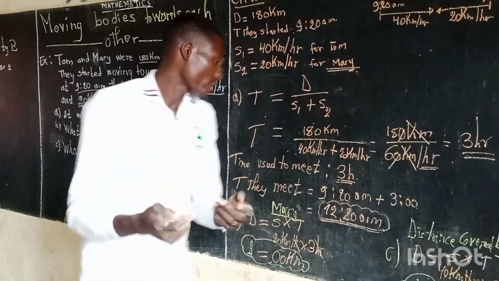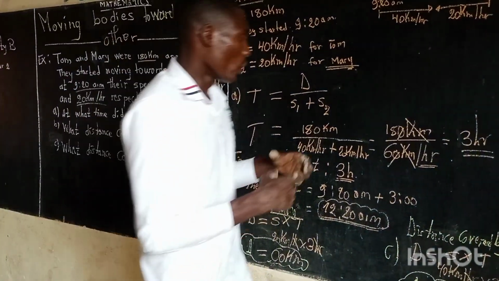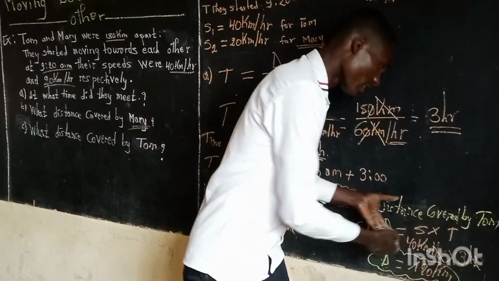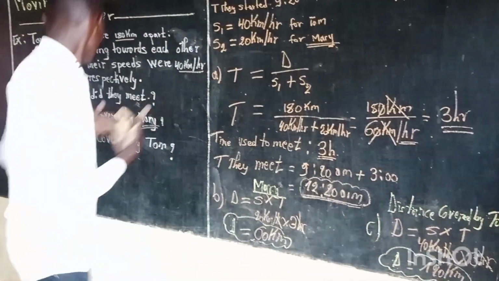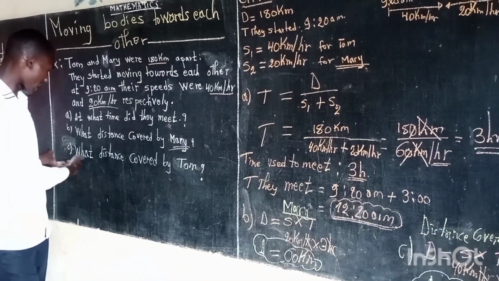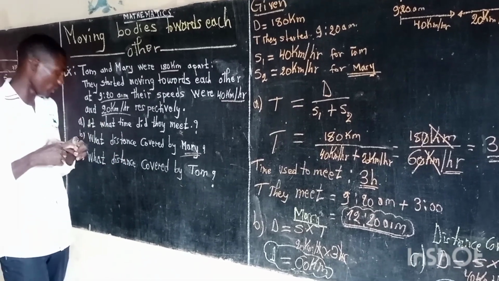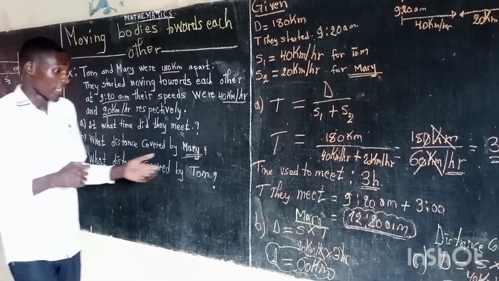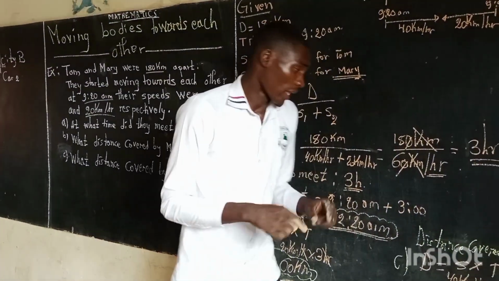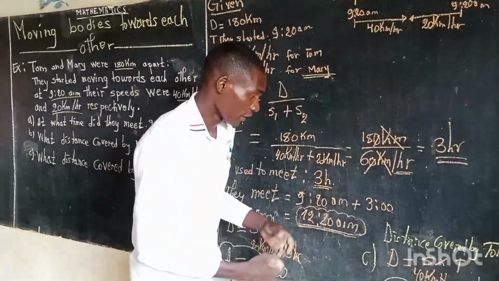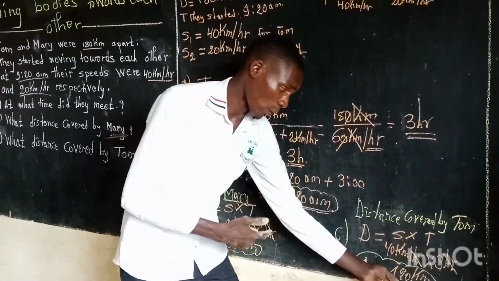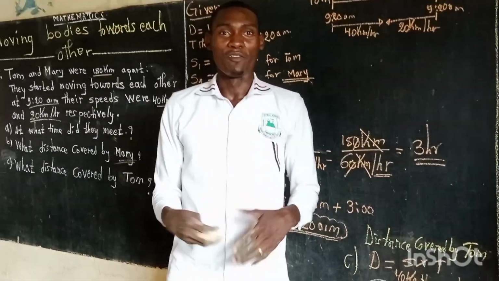And remember that we have also calculated the distance covered by Tom as sub-question C states. And we finally found that the distance covered by Tom is 120 kilometers. Very nice.